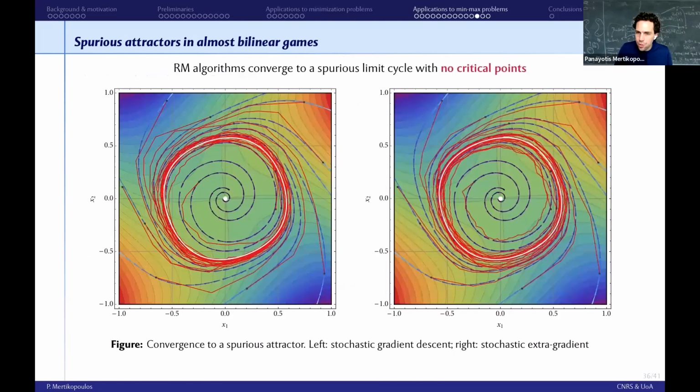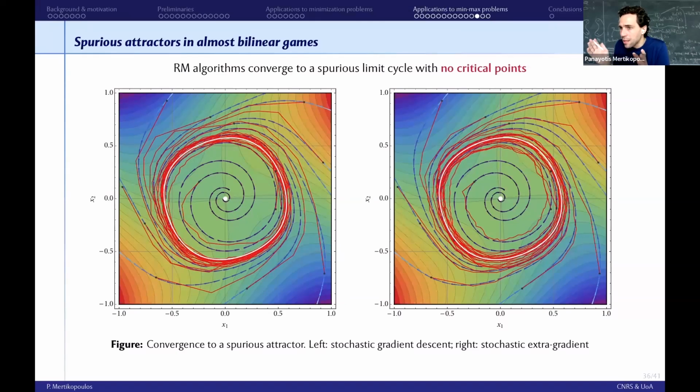So what the image looks like is that you have this almost bilinear game, and instead of having periodic orbits around it, all trajectories will start escaping this critical point, the unique critical point of the game, and all outside initial conditions will start spiraling in, and everything will be captured in this limit cycle, in this spurious attractor.